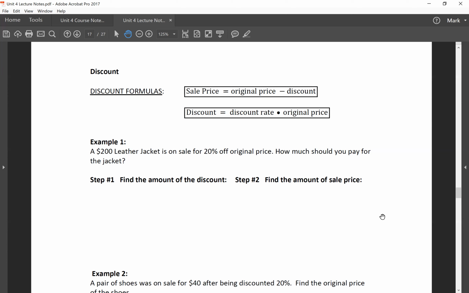So how do you calculate discounts? How do you figure this out? This is so important if you ever travel to North America, because when you go to a store in Canada or in the US, on a trip to New York or Toronto, and you want to buy a nice jacket, they're not going to tell you what the sale price is.